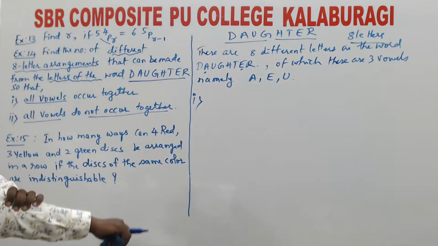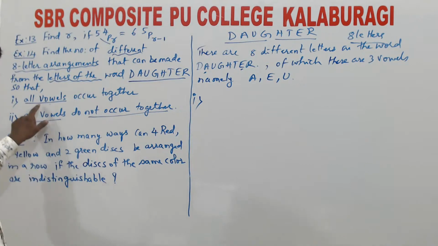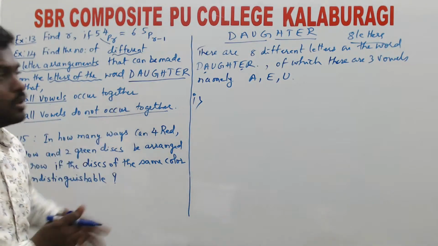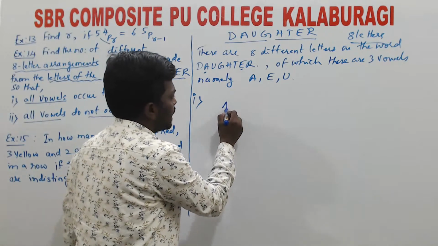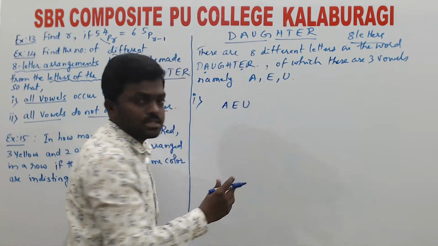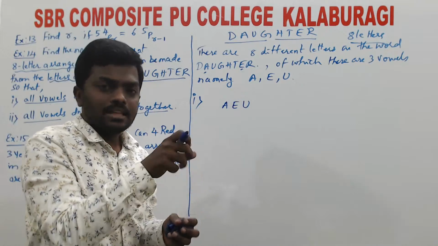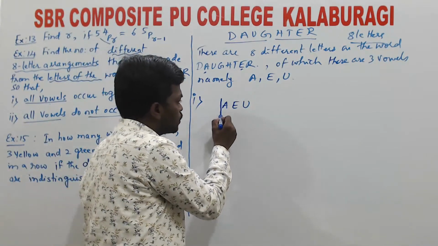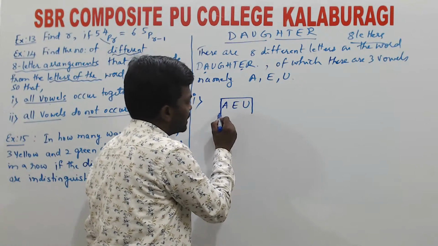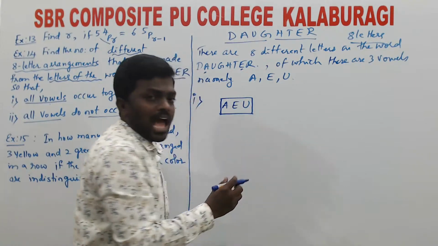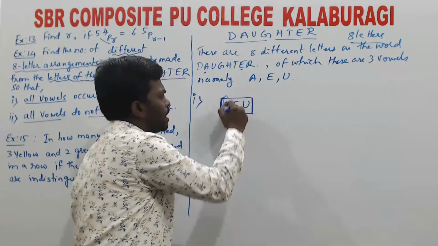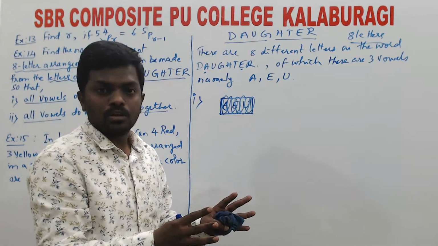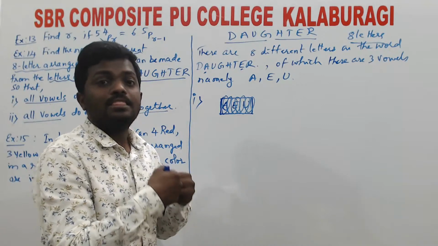Now look here, you need a good imagination over here. All vowels occur together means they are together always. So for that reason, I will put them in a box or tie them up because they have to be together. They shouldn't move. They are intact, all three.